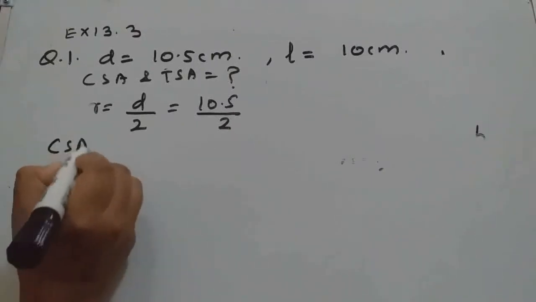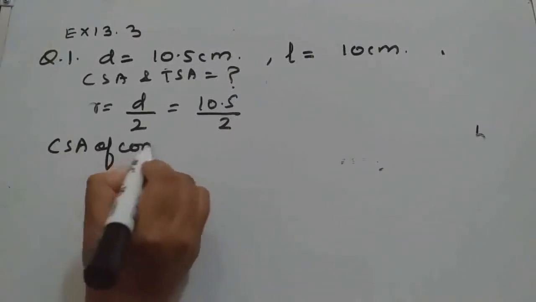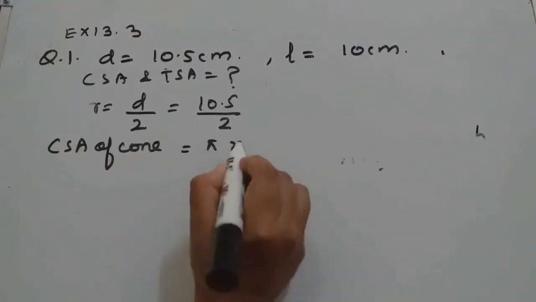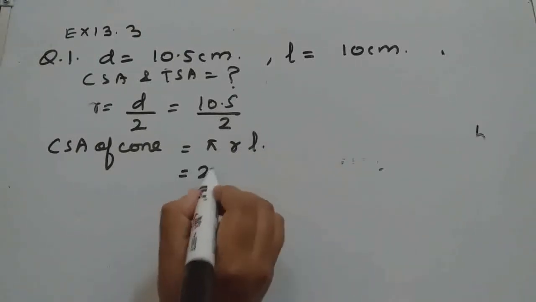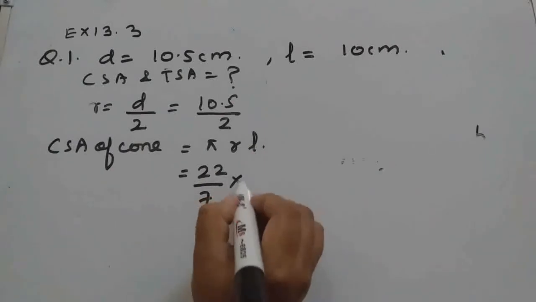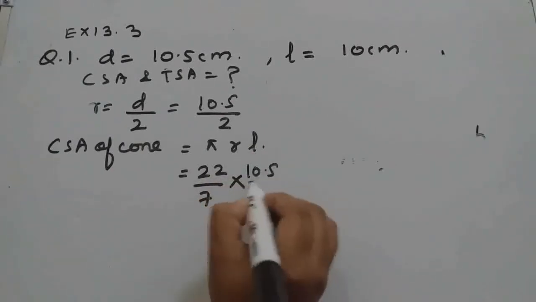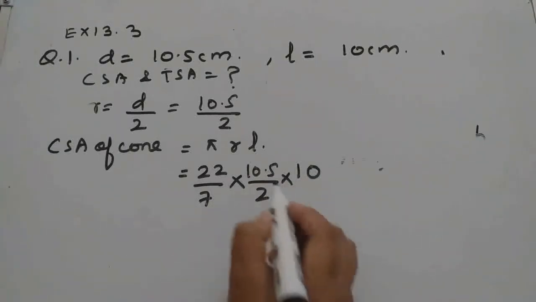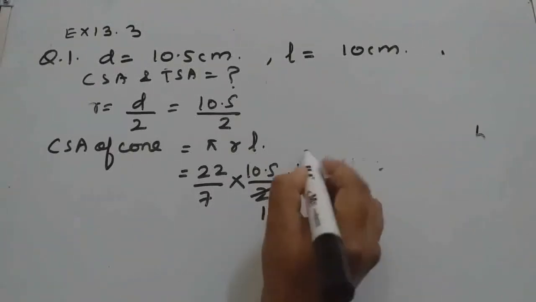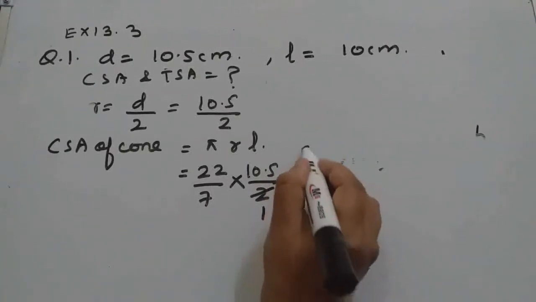Now CSA of cone is pi r L. So that will be 22 by 7, R is 10.5 by 2 and L is 10. So with 2 we can cancel 10, 2 5s are 10.